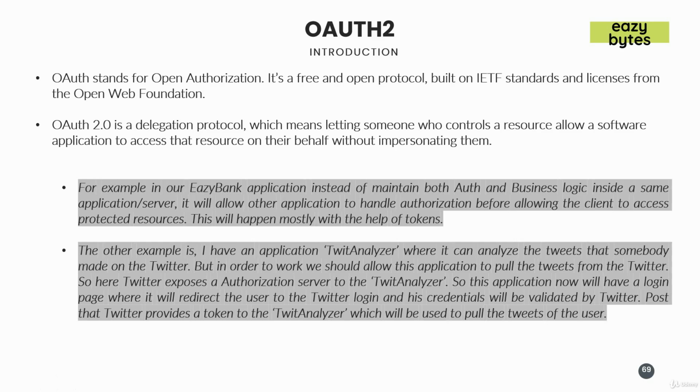Whenever a user tries to get his loan details or card details, the application will ask, do we have a token from the auth server? If not, it will redirect to the auth server to log in there and get the token. Then only can I provide you the protected resource.